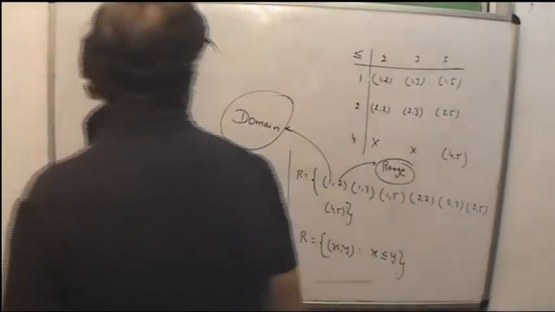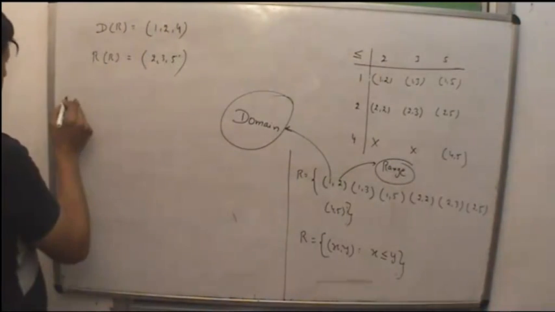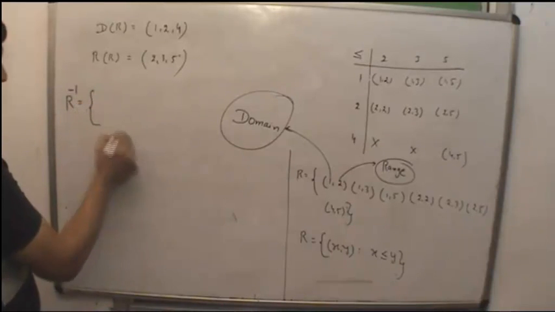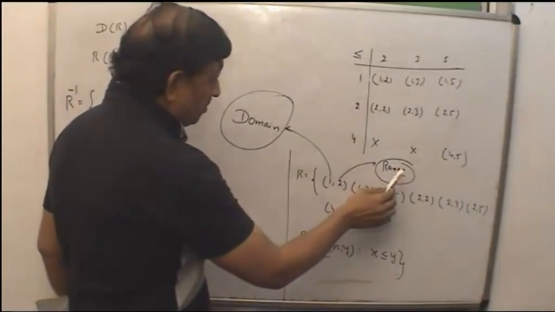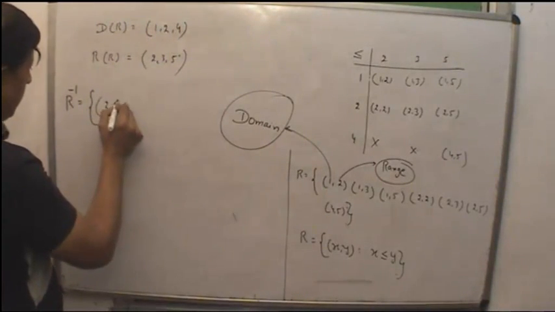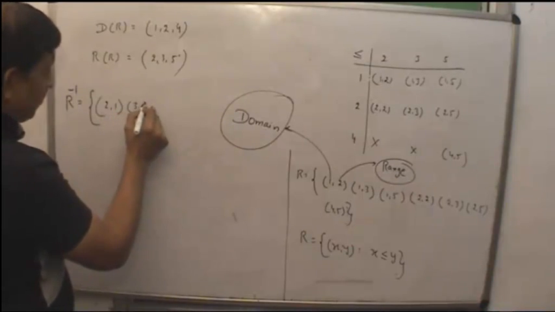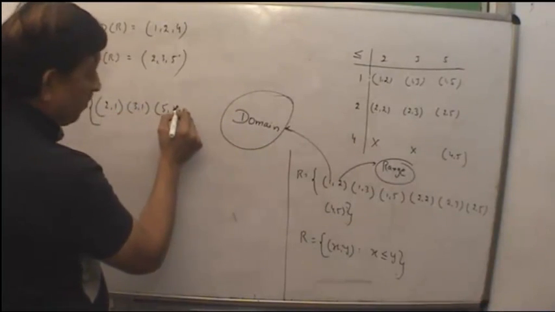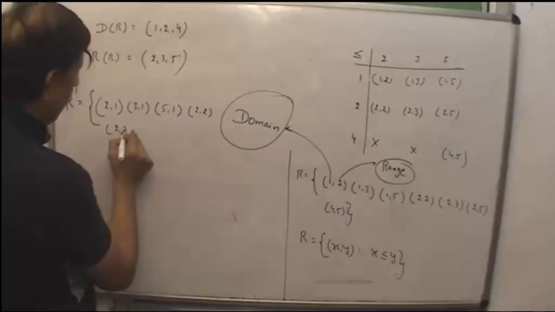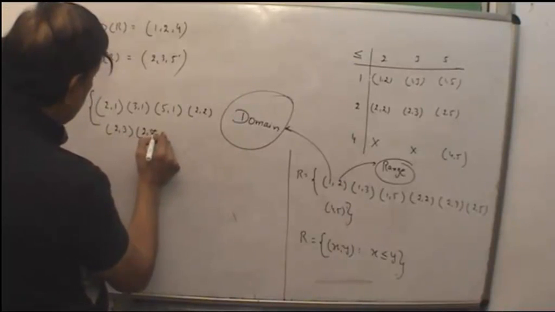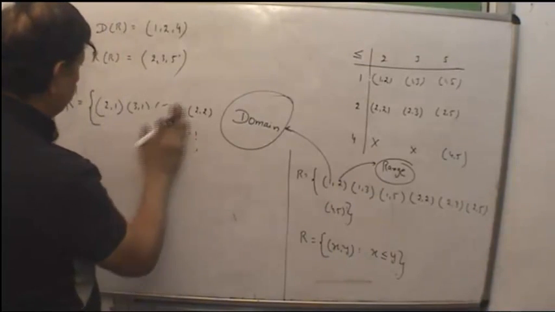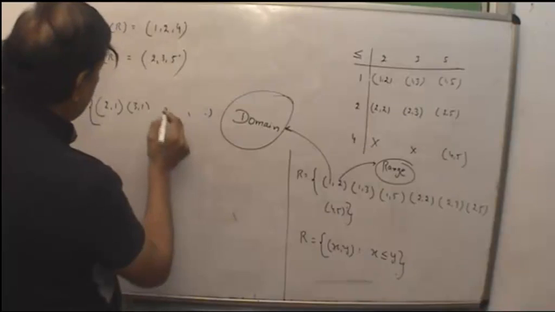And sometimes we can also find the inverse of a relation, R inverse. What we do in the R inverse is interchange the range and the domain. Say in this example, we can write it in this way: (2, 1), (3, 1), (5, 1), (2, 2), (3, 2), (5, 2), (5, 4).